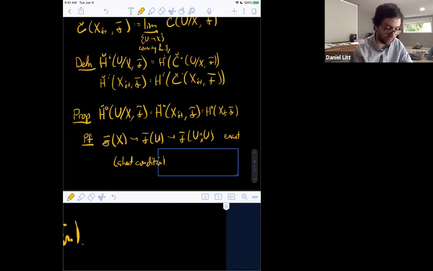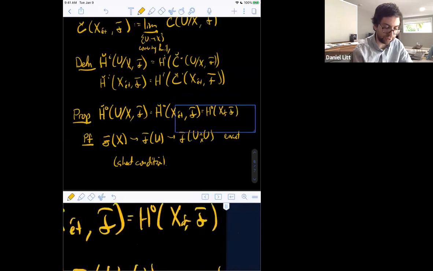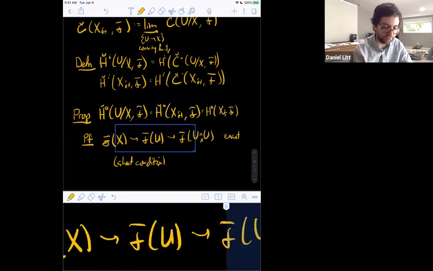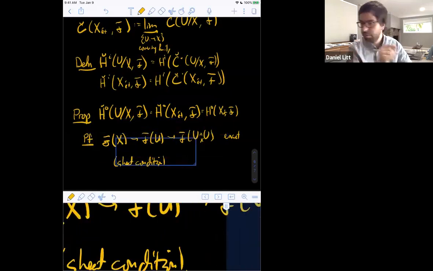And then that gives us that the first term is isomorphic to the last term. And then the middle term is the direct limit of the kernel of the sequence, and direct limits are exact. Cool.